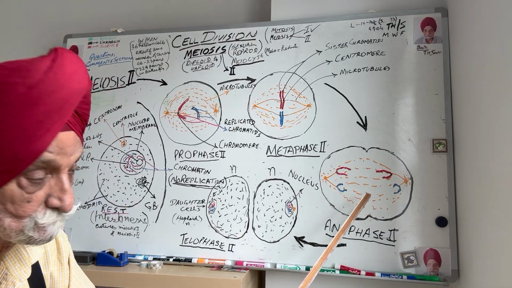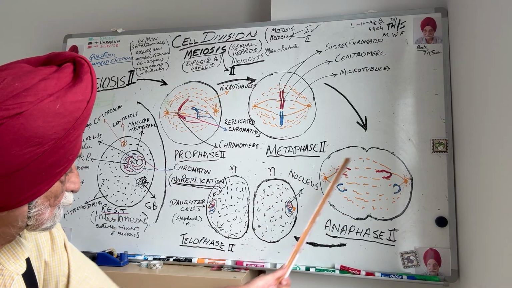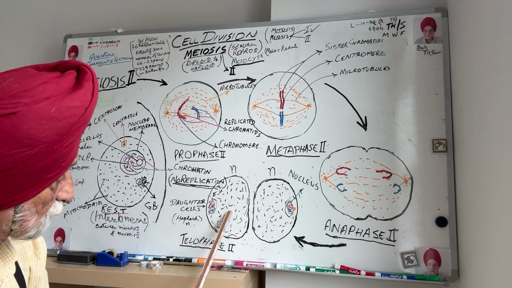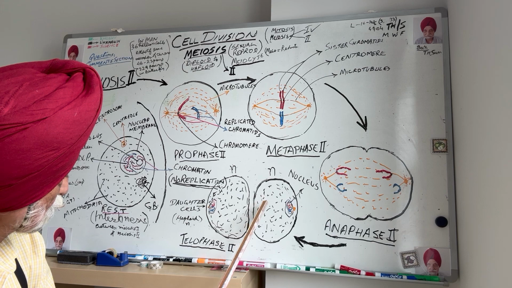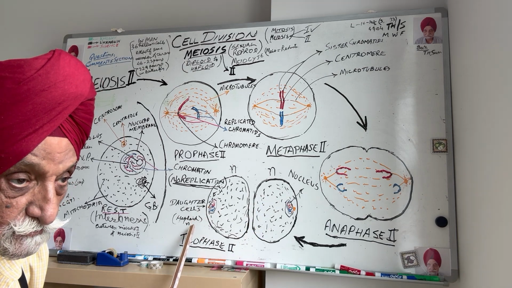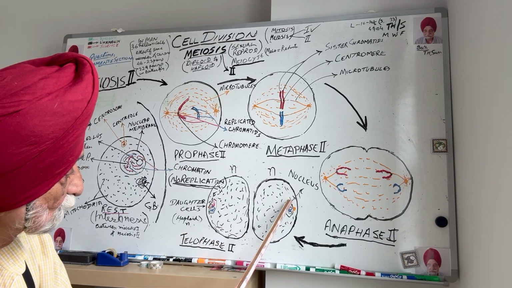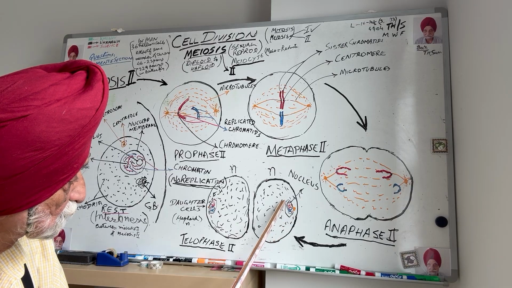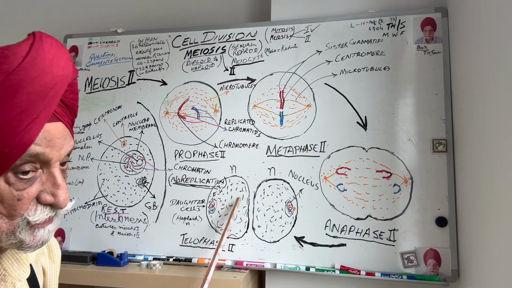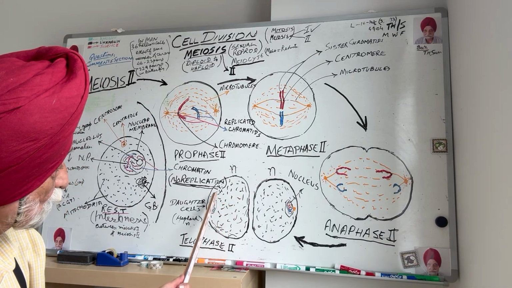And in telophase, the constriction deepens and the two cells are formed separately. Two daughter cells are formed separately, and these two daughter cells have haploid chromosomes, that is, the number of chromosomes is reduced to N. The nuclear membrane makes its appearance, and the centriole can also be seen, and the other cell organelles also make their appearance.